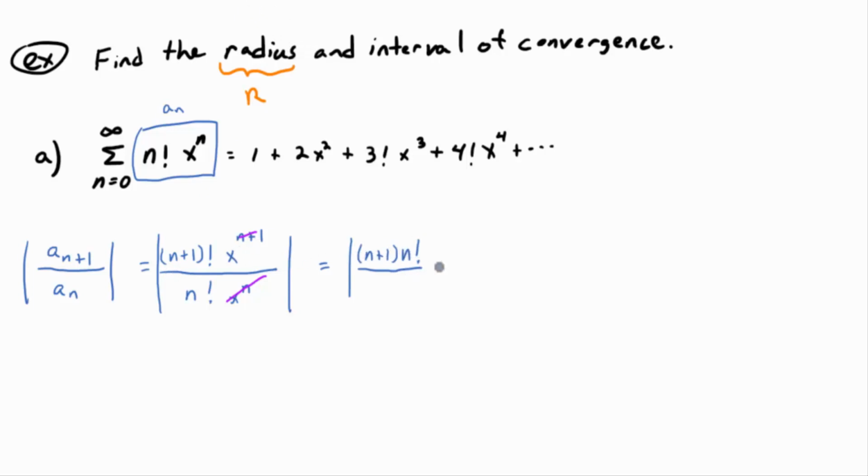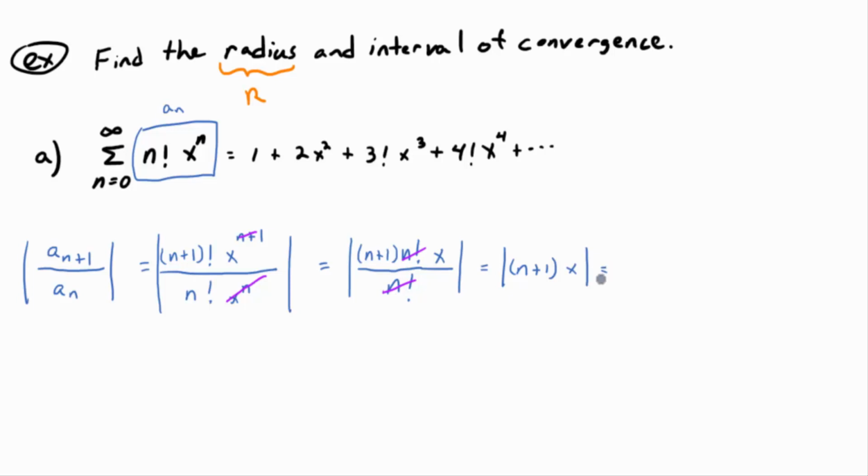And we still have that factor of x on top. We did that simplification in this step, and then n factorial on the bottom. So I would like to see that, and then you can show me this cancellation, so that we get the absolute value of n plus 1 as a quantity times x.